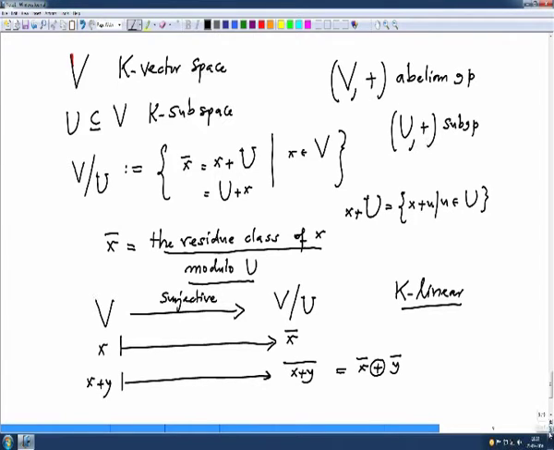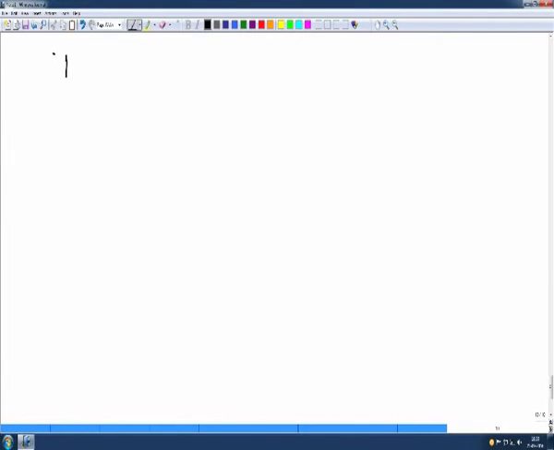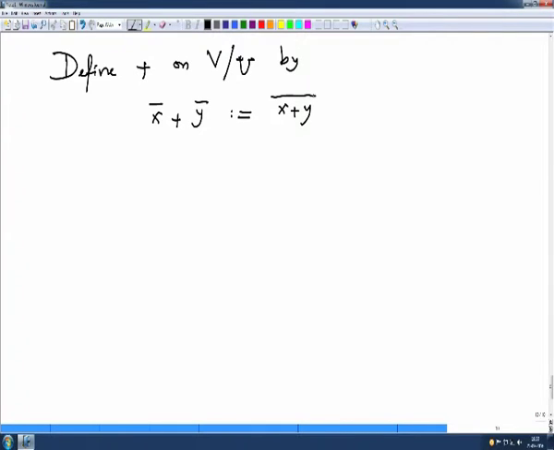So let us define addition on V/U by x bar + y bar equal to x + y, added in V, and take the bar of that. And remember, bar means you are taking the cosets.